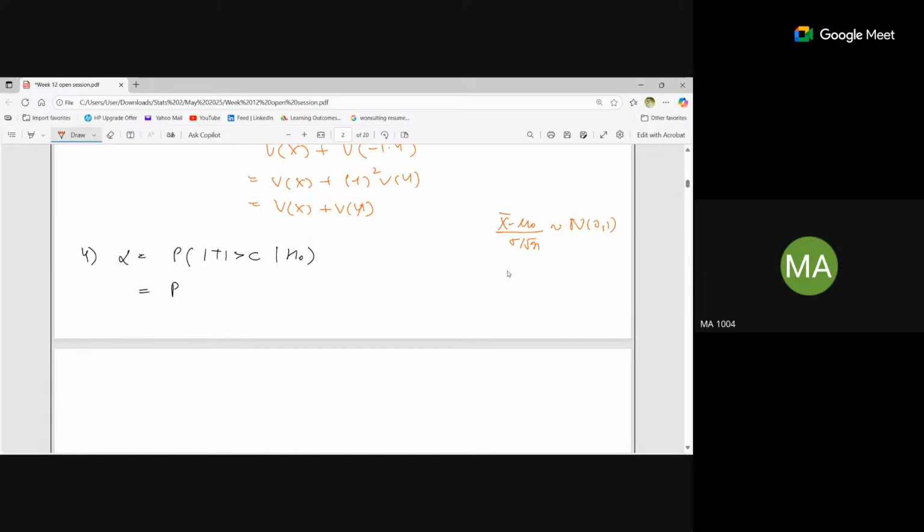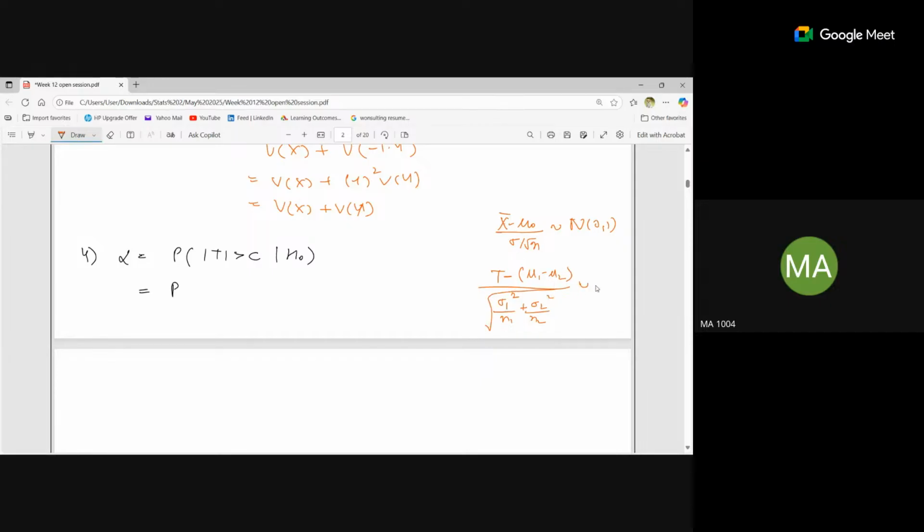Now we have two samples. What will we be doing? Now my t would be t minus mu naught, where mu naught is mu1 minus mu2, divided by under root of sigma 1 square upon n1 plus sigma 2 square upon n2, correct?